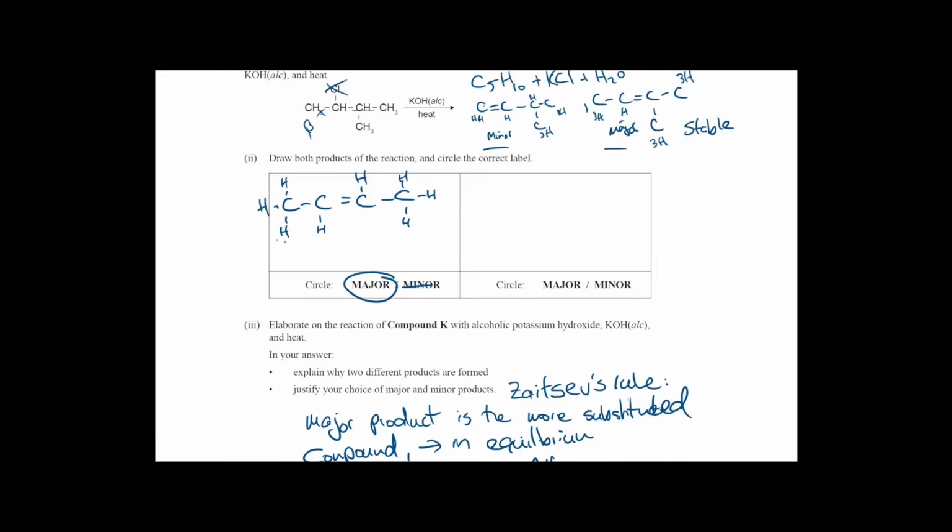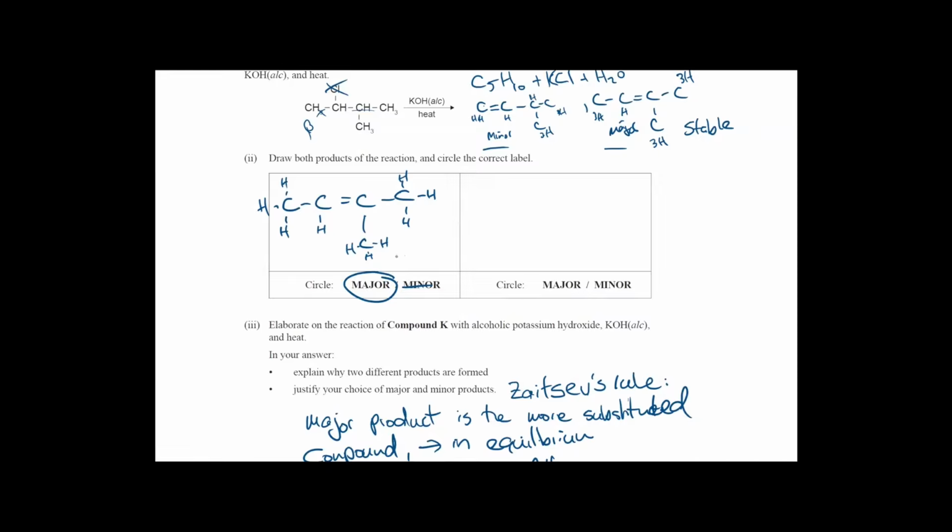What's that going to be called? Oh, I got that wrong. So this one is going to be there because it has this methyl thing, doesn't it? And that's going to have 3 H. So what's that going to be called?